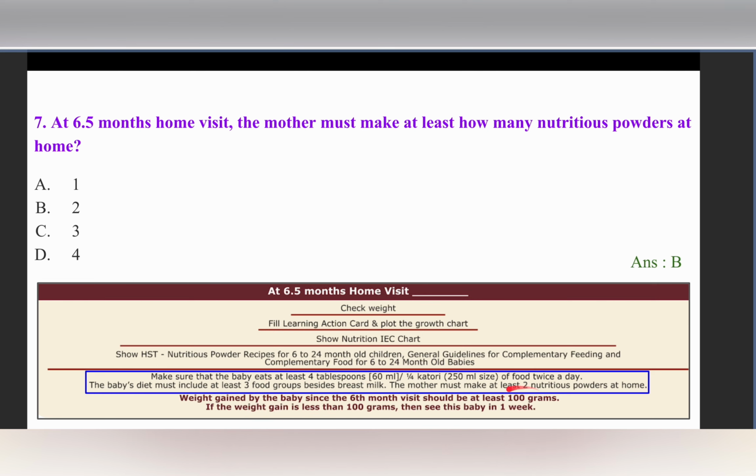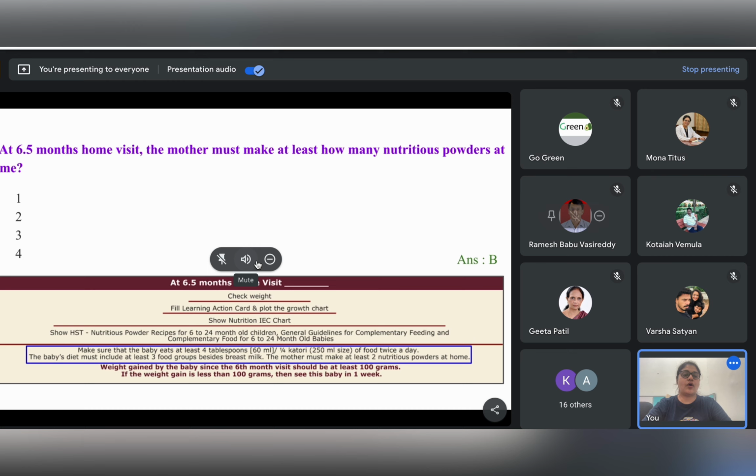So the answer is 2 kinds of nutritious powders. At least, these are the minimal requirements, the minimal expected values. So 2 nutritious powders at 6.5 months.